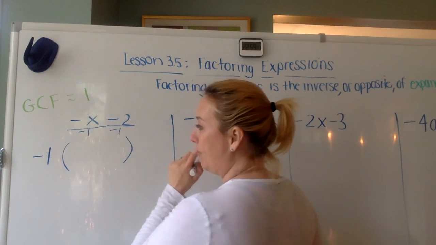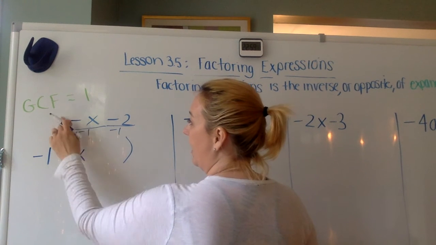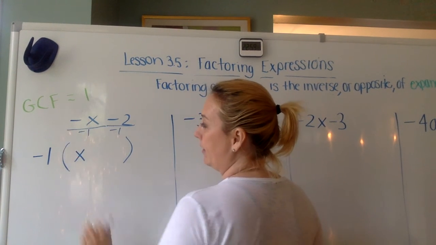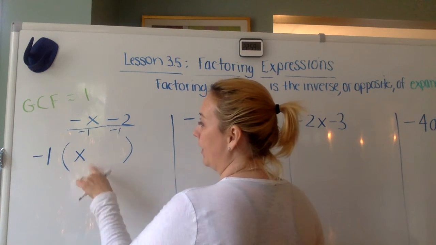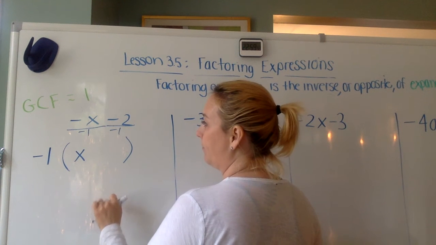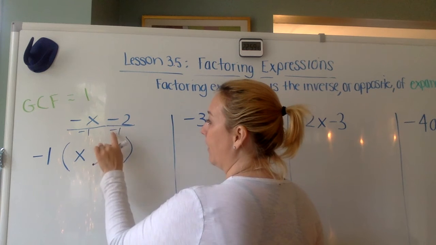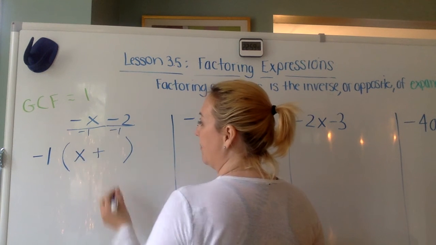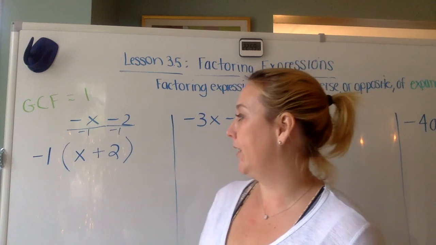Negative x divided by negative 1 is, negative divided by a negative is a positive, and 1 divided by 1 is 1, and we've got our x there. Then negative 2 divided by negative 1: a negative divided by a negative is a positive, and 2 divided by 1 is 2.